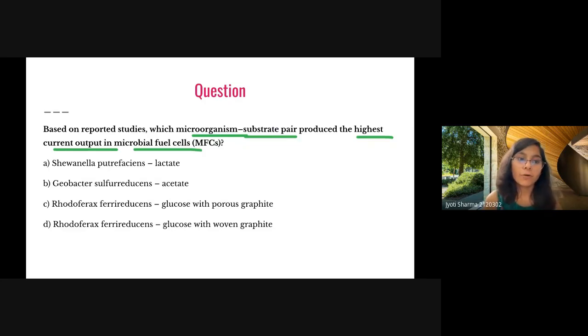And we do have four options: Shewanella putrefaciens with lactate, then Geobacter, Rhodoferax with glucose with porous graphite, and glucose with woven graphite. So you need to tell me the microorganism and the substrate that the organism needs, that would produce the highest current output.